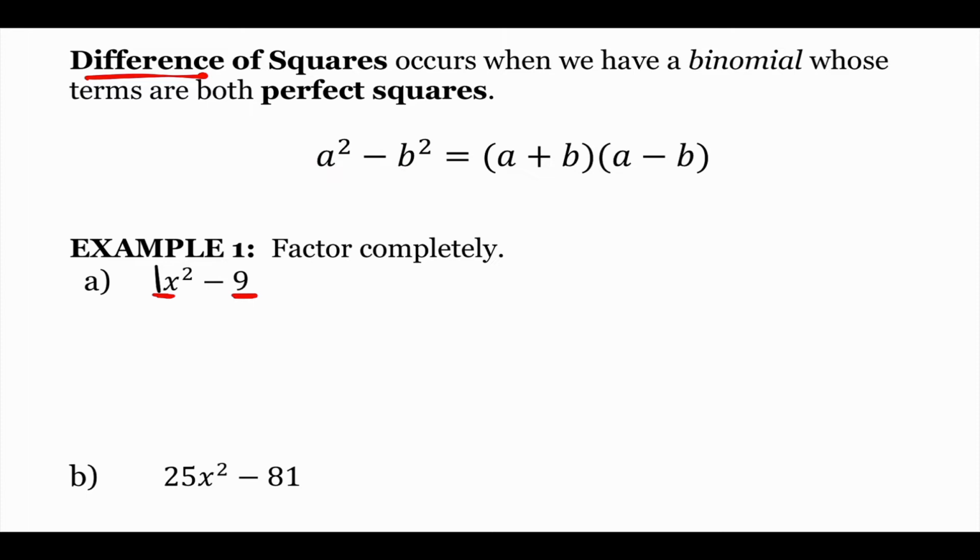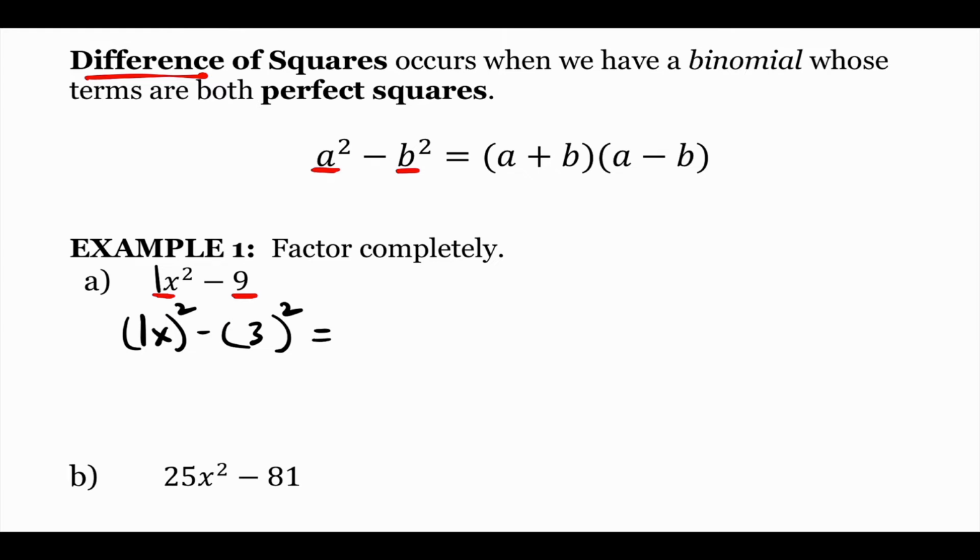So if that happens, we have two terms. I have an A term and a B term. The first term is called A, the second term is called B. A would be 1x. What would the B term be? 3, because 3 squared makes 9.